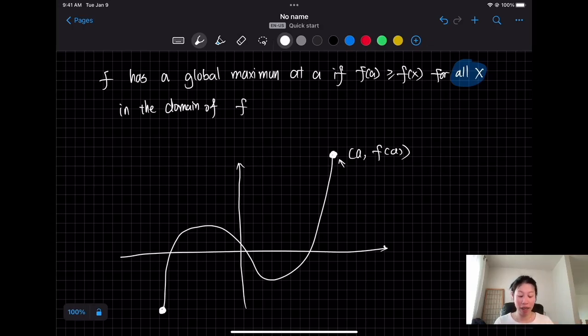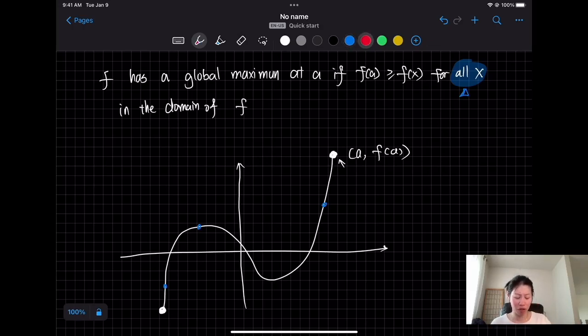So that makes it a global maximum. That means if you pick a random point on this graph, like this one, it is less than f of a, this one is less than f of a, every random point that you find is less. So the difference from the local one is that local is for all the nearby x, but global maximum is for all of the x.